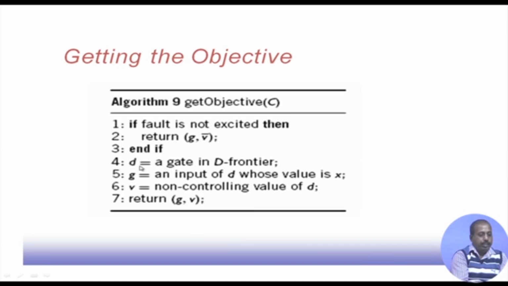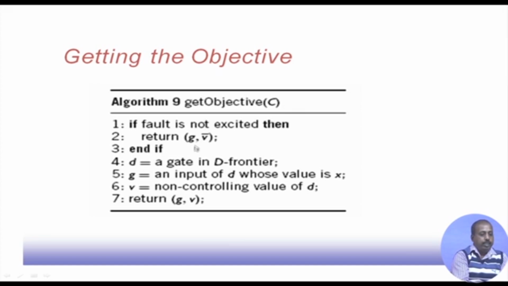We find a gate d which is in the D frontier, and g an input of d whose value is X. Then the objective becomes that we have to set this line to the non controlling value v. Depending upon the gate that we have, we find out the non controlling value for the gate, and the value that we need to set is v. So, basically what is required is that for gate g we need to put it to a value v. This becomes a new objective to be justified.